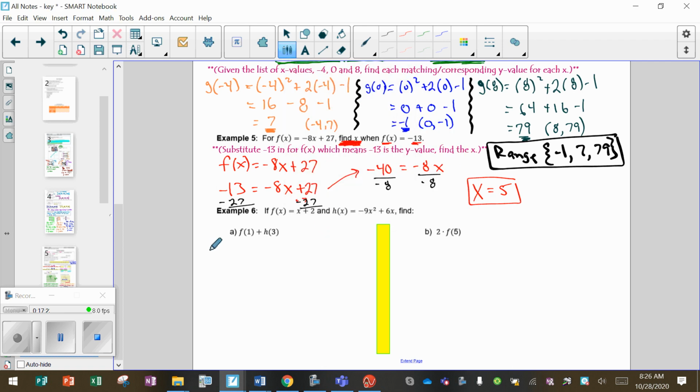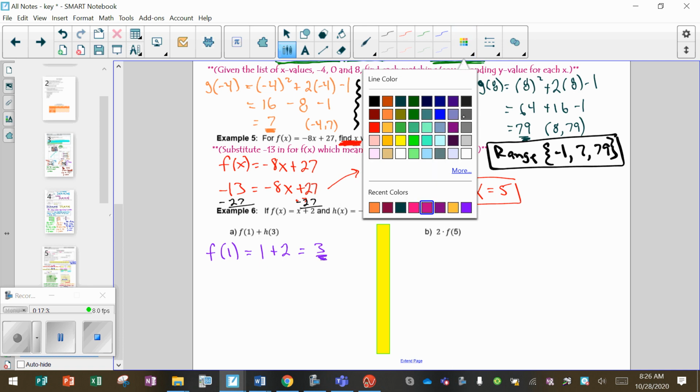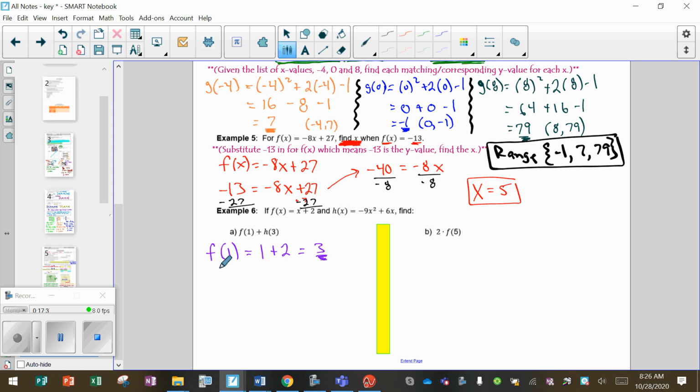So when I plug in or try to calculate f of 1, that means I'm putting 1 in for x into the f function. That gives me the number 3. When I take 3 and put it into h, I put 3 in for each x, put the same number 3 into both x spots.